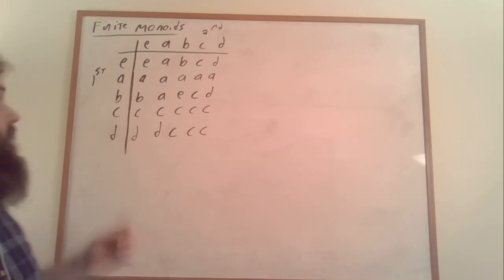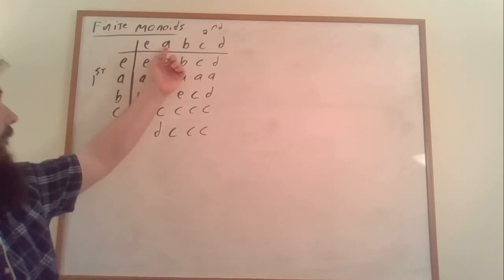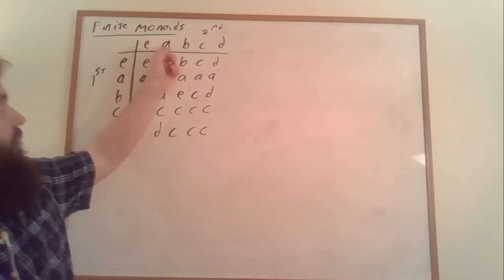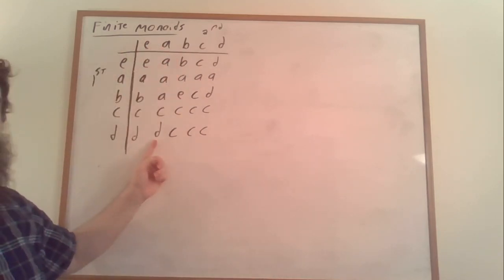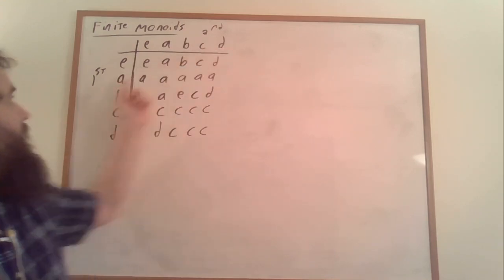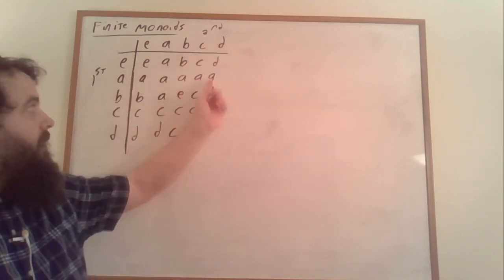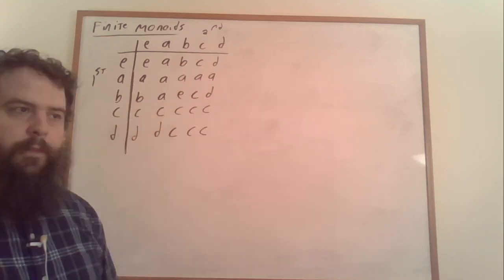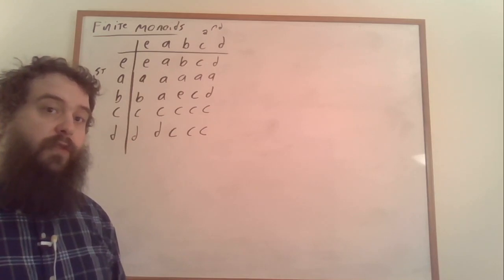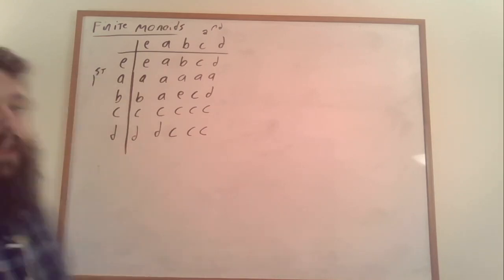So again, in order to figure out d times a, we need to find the d from here and the a from here, and that tells us that d times a is d, and a times d, we need to look up the a here and the d here, and that tells us that it's a. I'm not sure if there's a standard convention for multiplication tables for non-commutative sorts of multiplication, but this is the standard that I like to use.